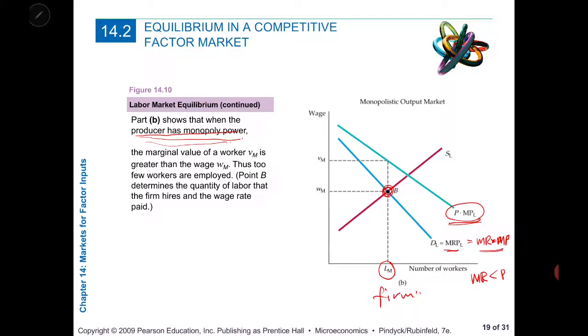The wage paid is WM, because this is your supply and demand, so the wage equilibrium is here. But the marginal value of the worker is VM at this point, which is the P equals to MC point.